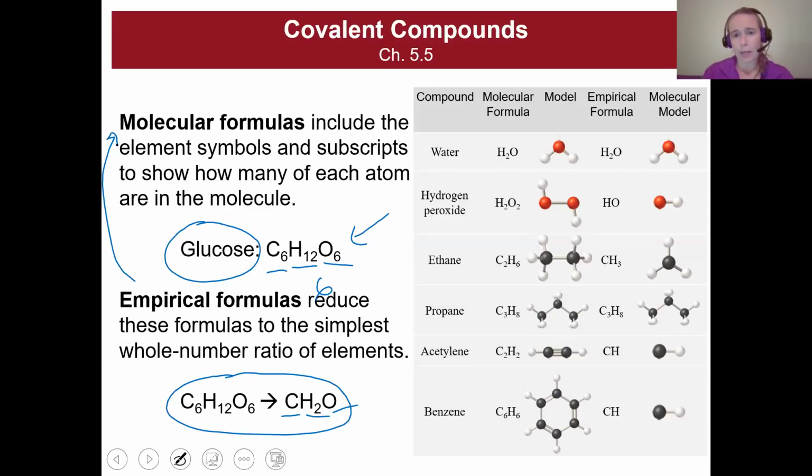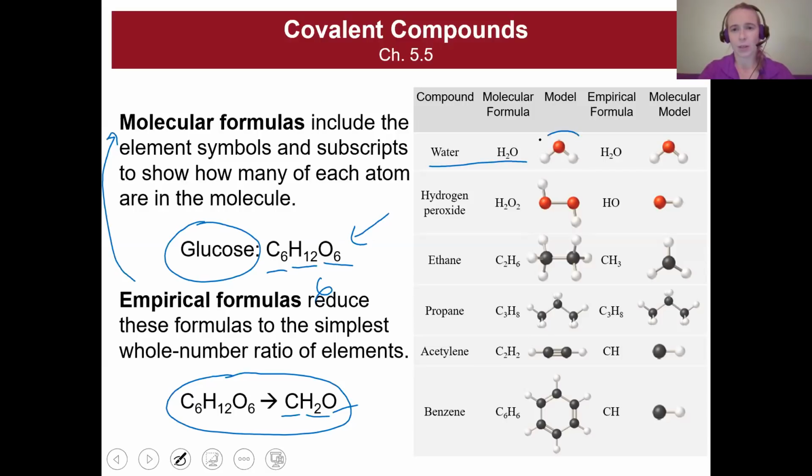And then on the right here, I just have a graphic from your textbook that shows a few different compounds and their molecular and empirical formulas. So water is H2O, as you surely know already.